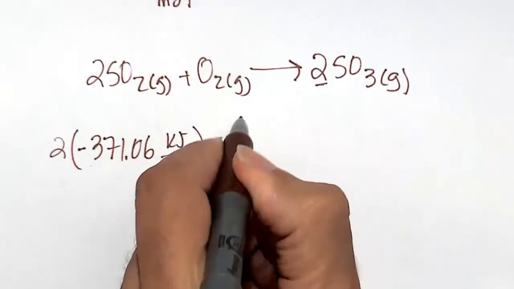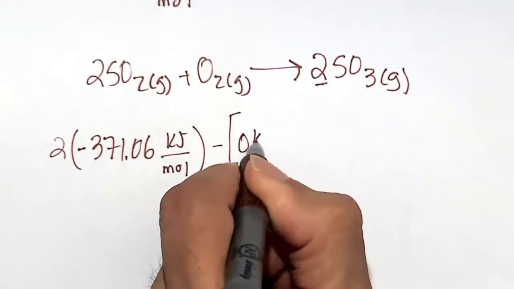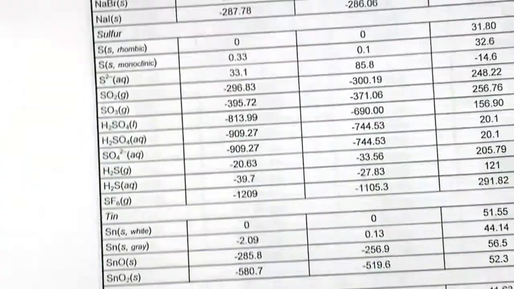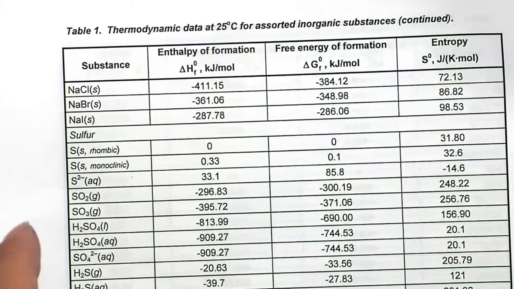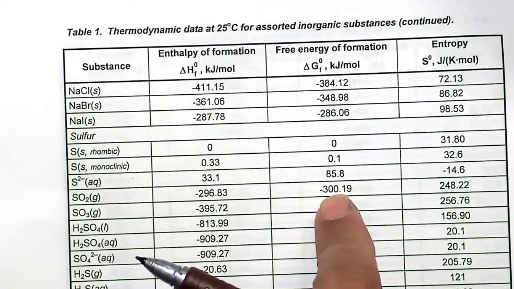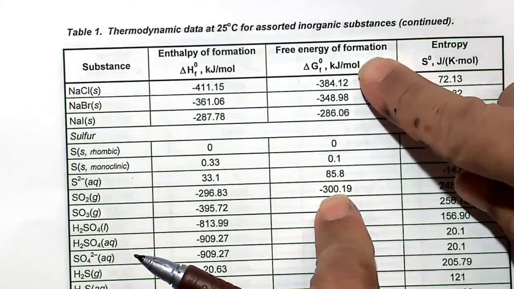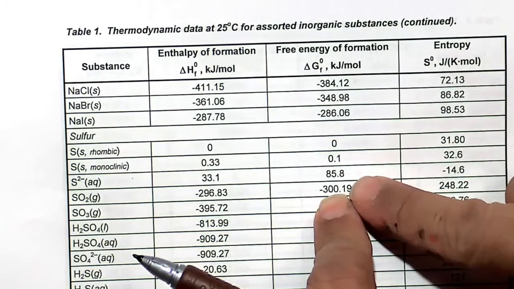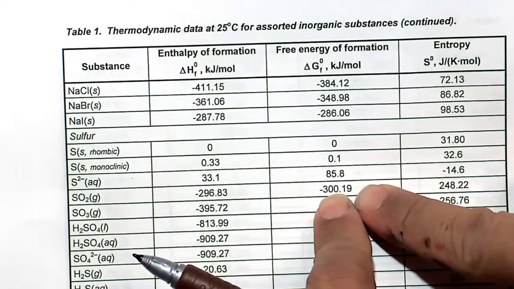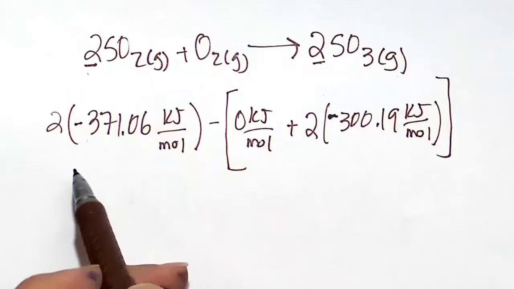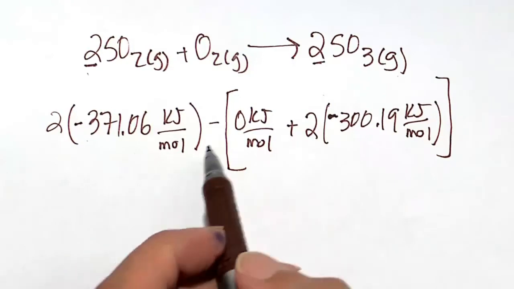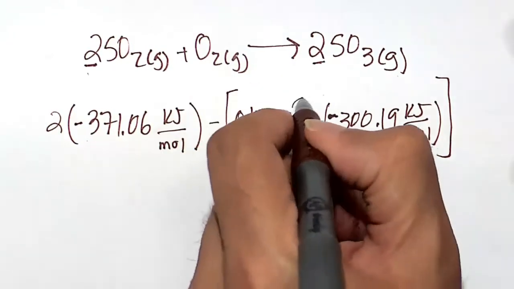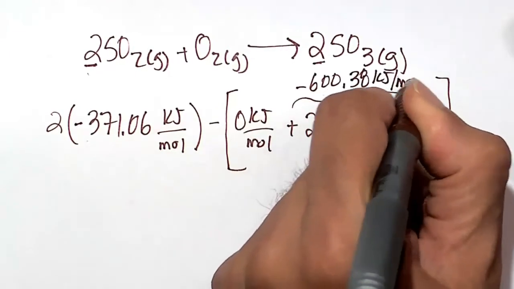Minus the sum of the reactants: this oxygen is 0, plus 2 times SO2 gas. Let's see, we've got to look this up here. SO2 gas, minus 300.19. Make sure you read the right one. We're calculating delta G here, not delta H nor delta S. It's delta G, minus 300.19. 2 times minus 371.06 minus 600.38 kilojoules per mole.